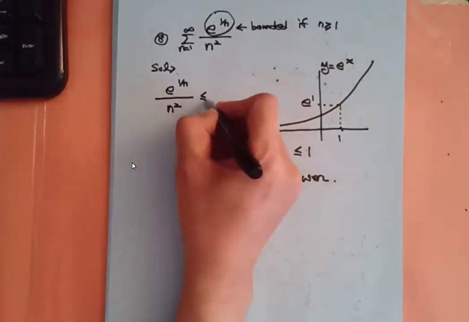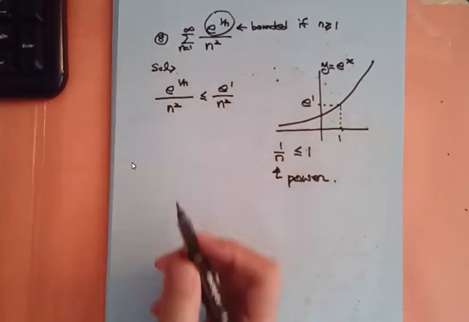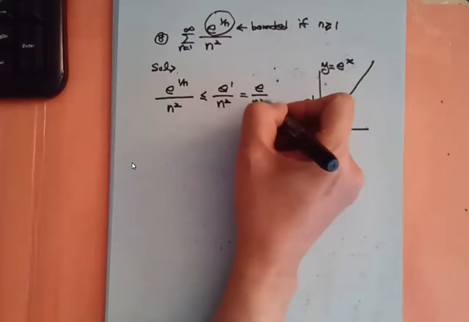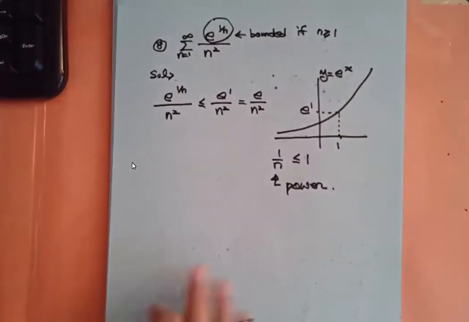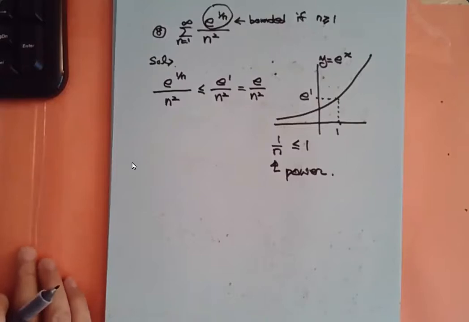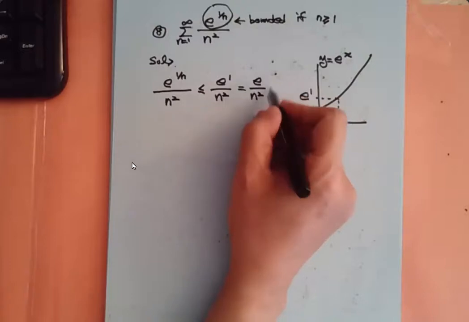So that is less than or equal to e to the 1 over n squared, which means e over n squared. Any question about this? So that is bounded with this one.